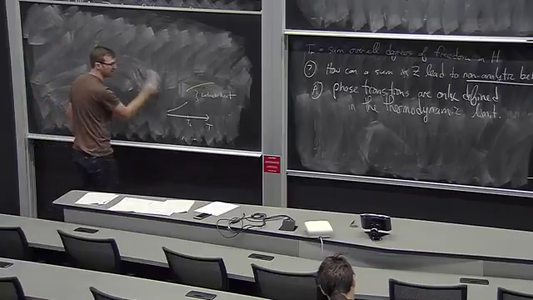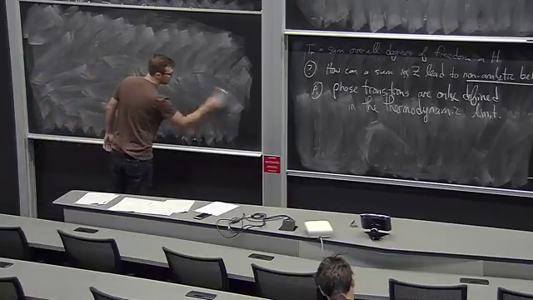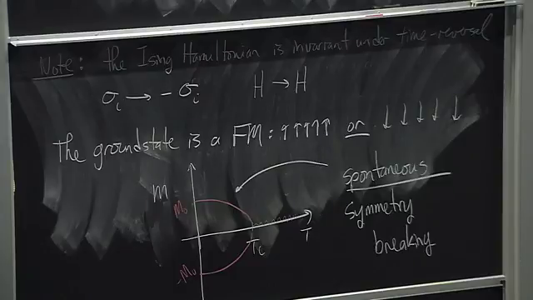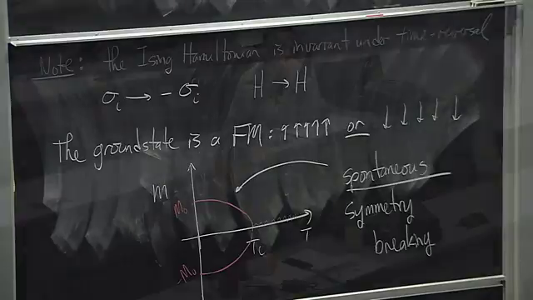And it's spontaneous because there's no term in the Hamiltonian that dictates that lower symmetry should be realized, right? You're breaking that full invariance under time reversal. So maybe that's worth writing down.